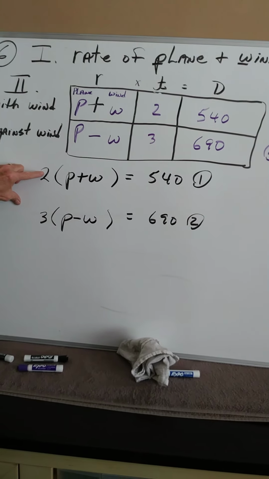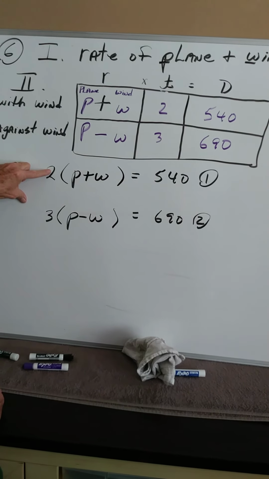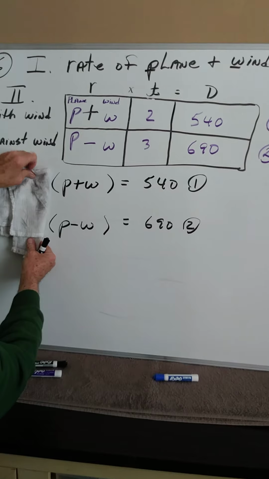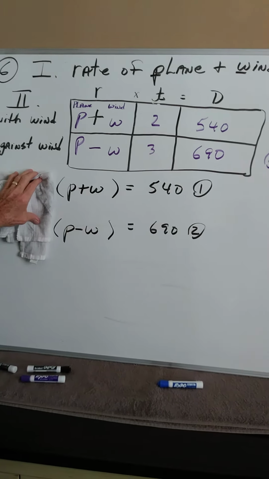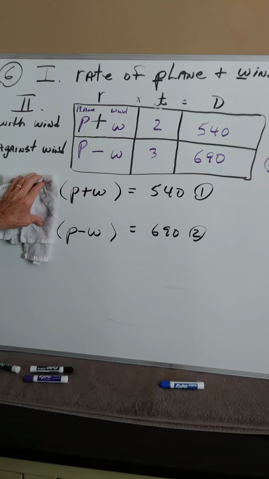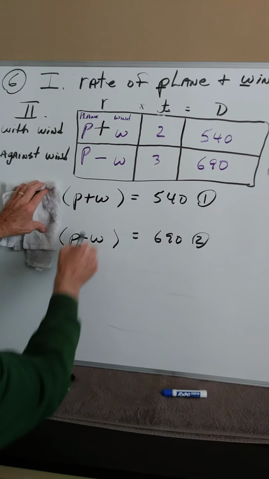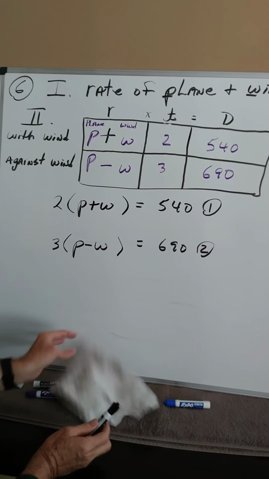If there is some way that I can get rid of this distributor factor of 2 and this distributor factor of 3, if there were a way that I could get rid of these 2 factors right here, let me cover them up lightly. Look at this left-hand side that would be left. Look at the W's. The coefficients of W are opposite. They'll cancel out by using elimination. That's what we're going to do.